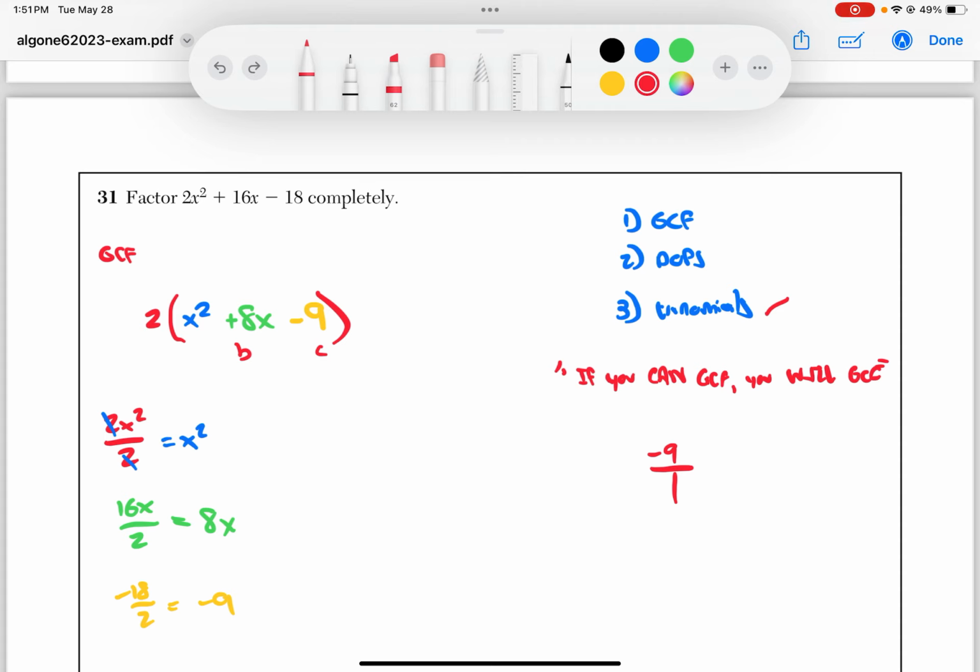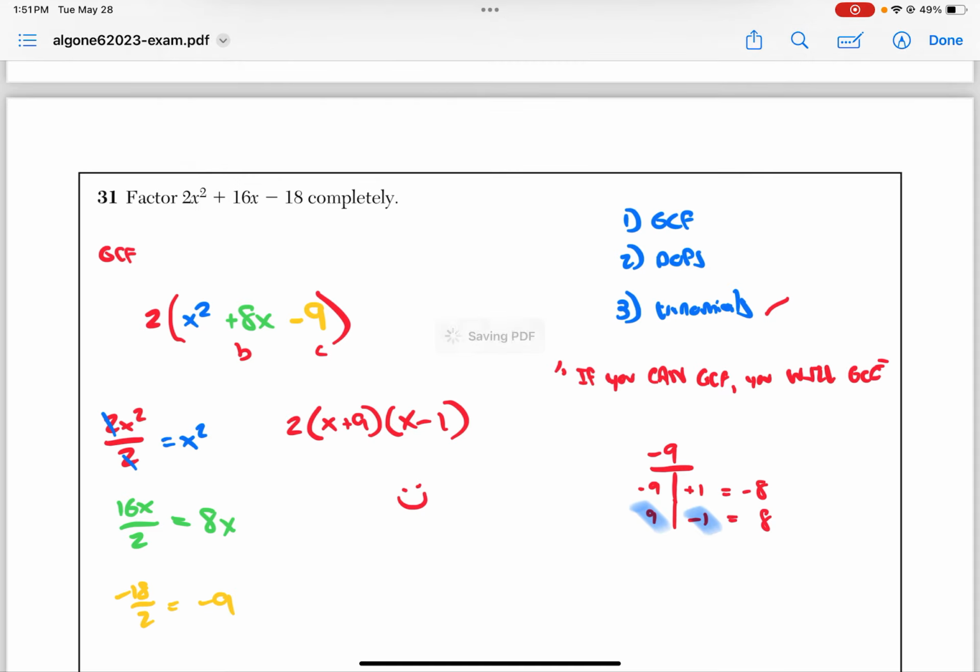So really my options are negative 9 and positive 1, or positive 9 and negative 1. Well, negative 9 plus 1 is negative 8. 9 minus 1 is positive 8. And because this is a positive 8, that means I want these two factors. So this will become x plus 9 times x minus 1. And that is a fully factored quadratic.